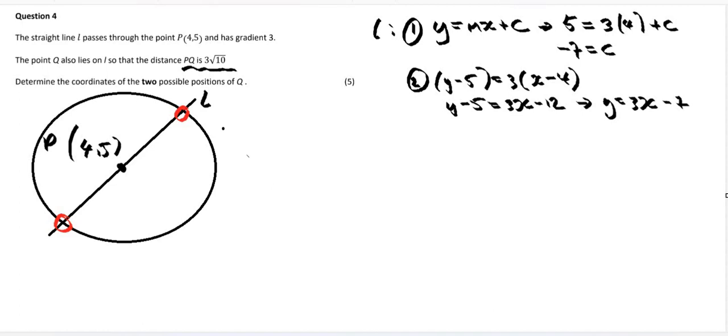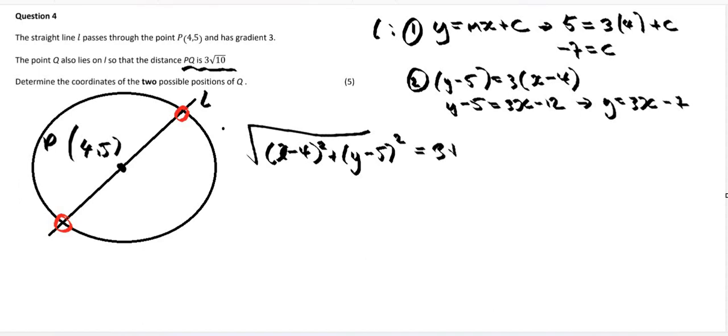So what I'm going to do, I'm going to take the square root of x minus 4 squared plus y minus 5 squared. That is equal to 3 root 10. Now remember, 3 root 10 is distance. The distance is from this point to where Q is, where this x and this y are going to be.